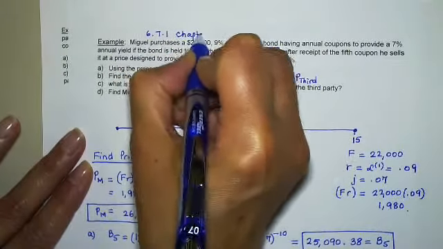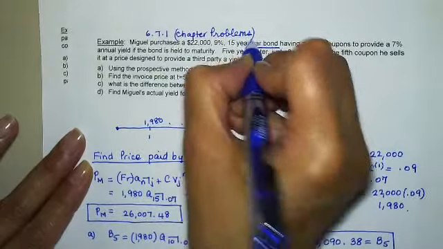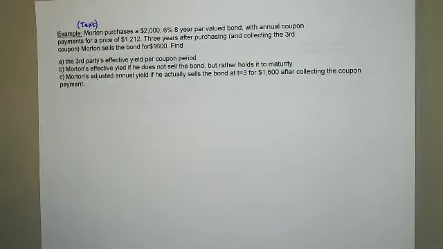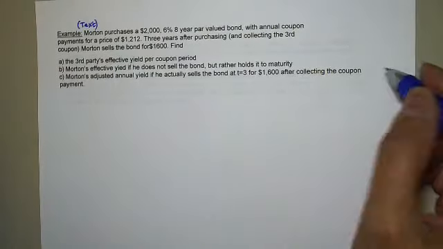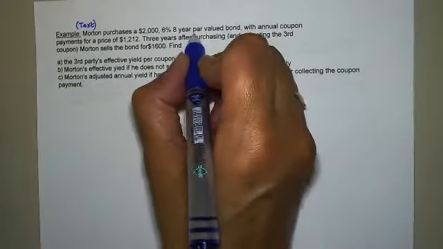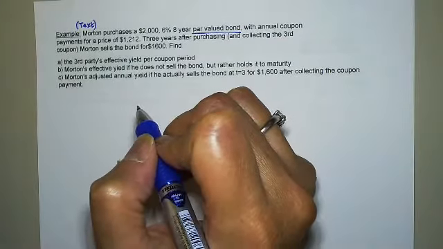This is from your text. Oh, by the way, the previous one was number 1 on 6.7.1 for the chapter problems at the end of the chapter. This one is right out of your text.